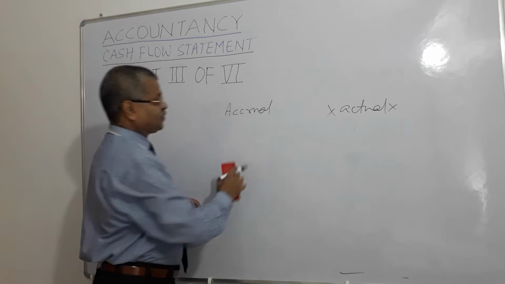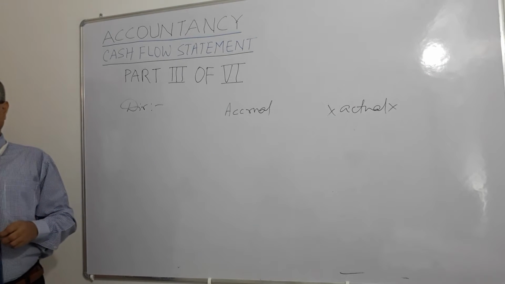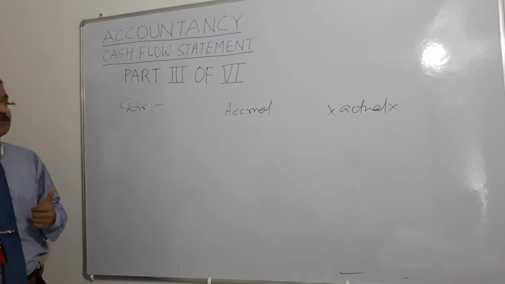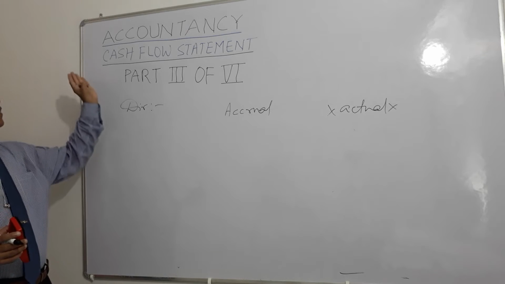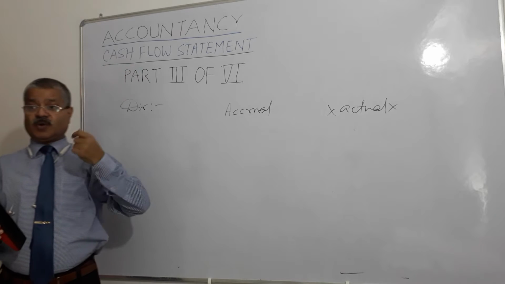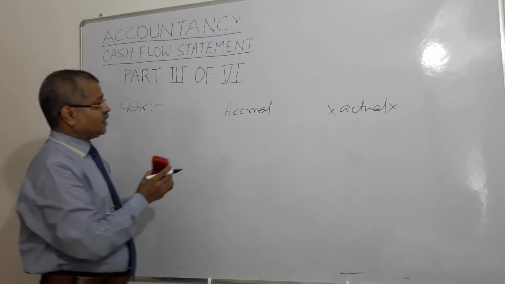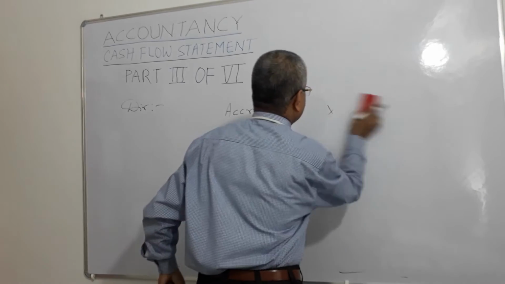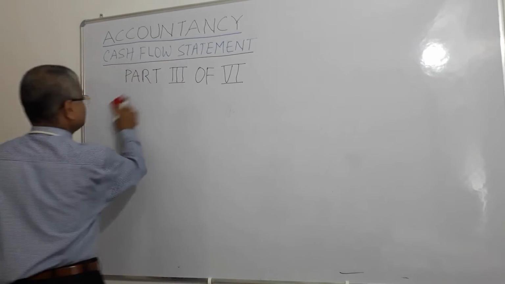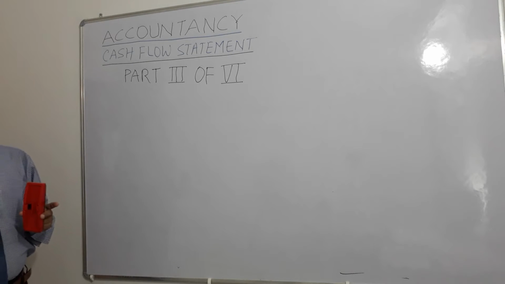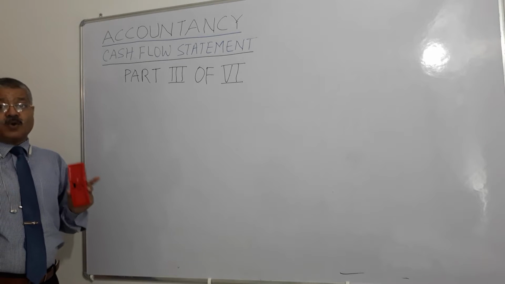So certain adjustments need to be made in order to convert them into cash basis so that they form an integral part of cash flow statement. There are four major items which we will discuss here. For the sake of simplicity, we will restrict ourselves to four items.